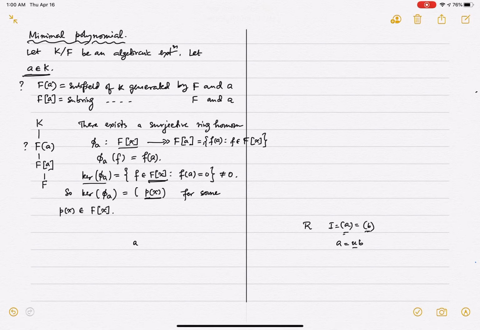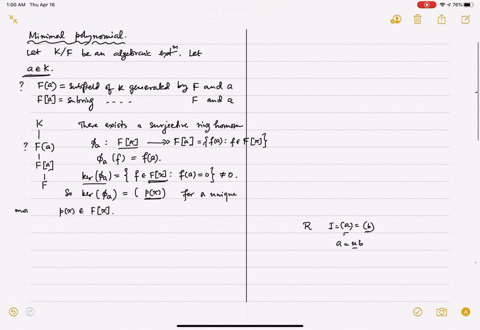And I can kill this freedom by choosing the top coefficient of p to be 1. So I can make it unique, a unique monic polynomial. Top coefficient 1 means polynomials that start like this.